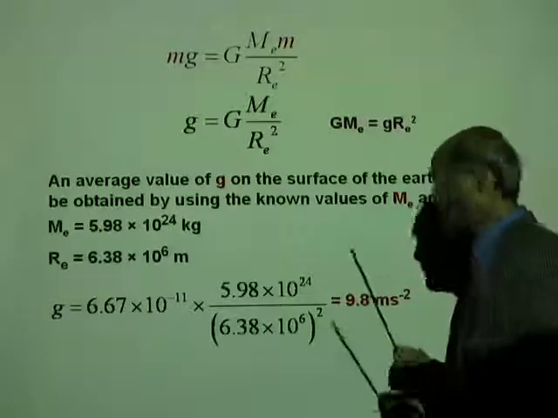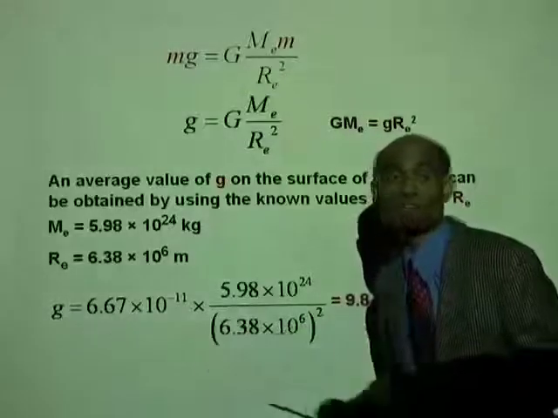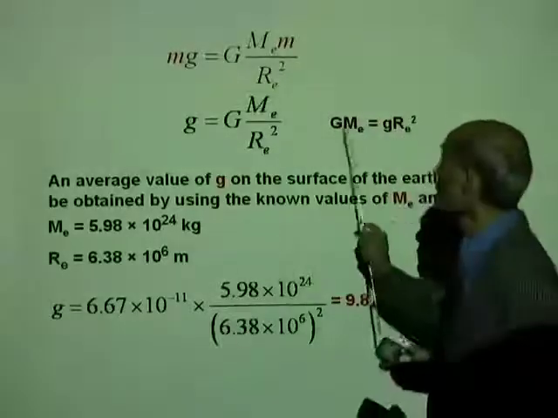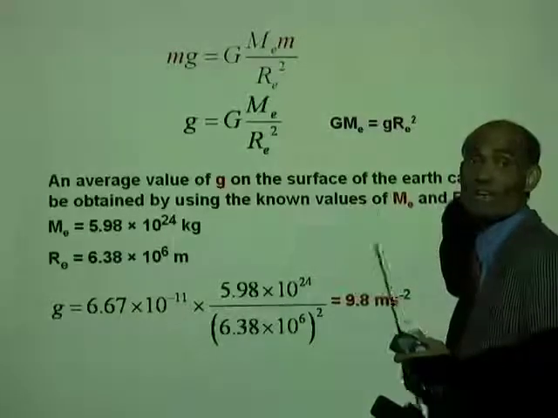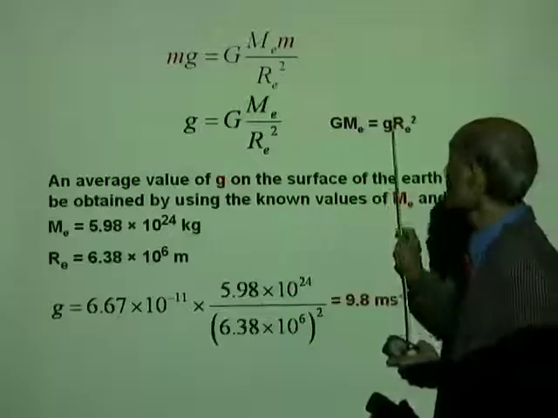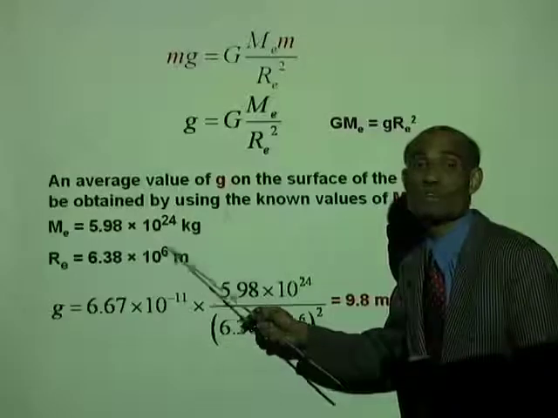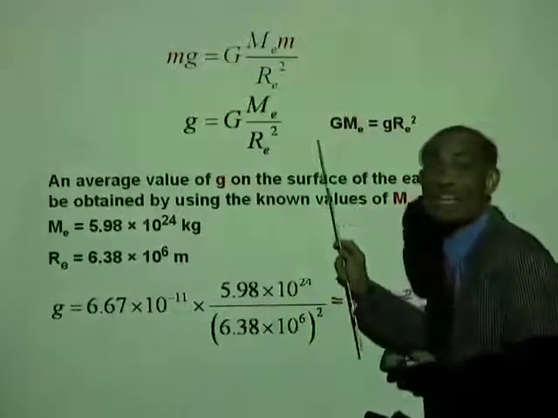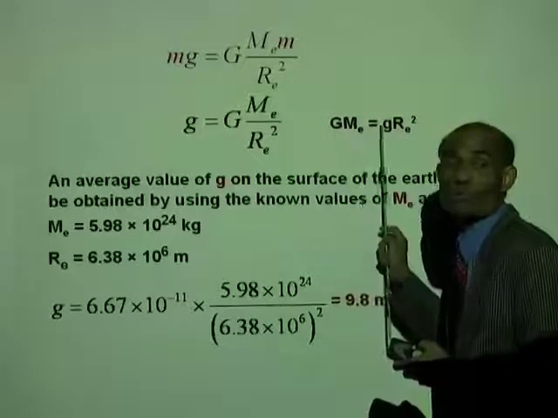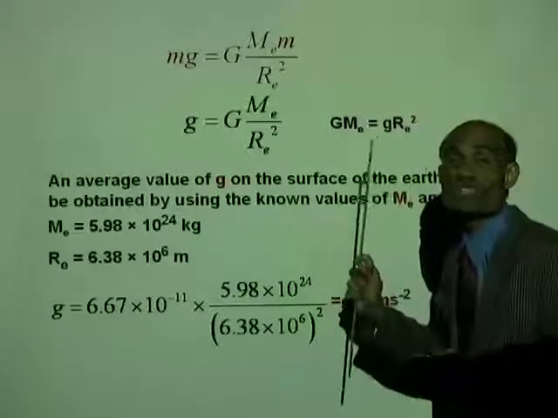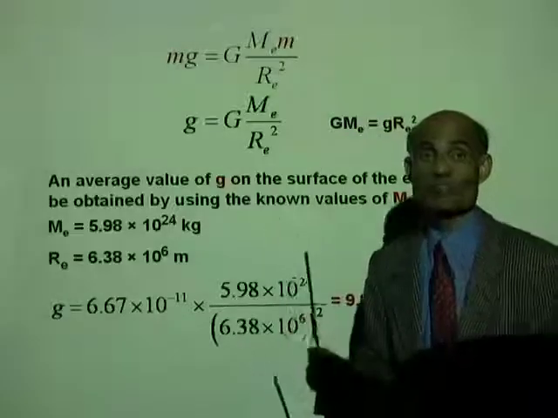So this is the average value of acceleration due to gravity on the surface of the Earth. So this g can be replaced by 9.8 meter per second squared. The radius of the Earth is 6.38 times 10 to the 6. So wherever we need big G times the mass of the Earth, we can replace that by small g times R_E squared. I will ask you that a little later, so don't forget that.